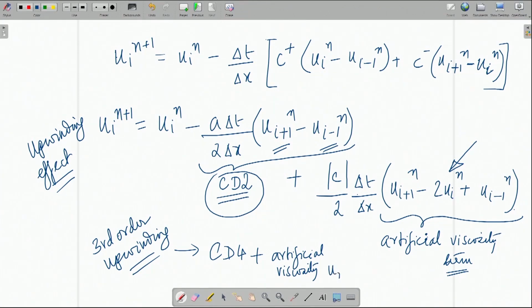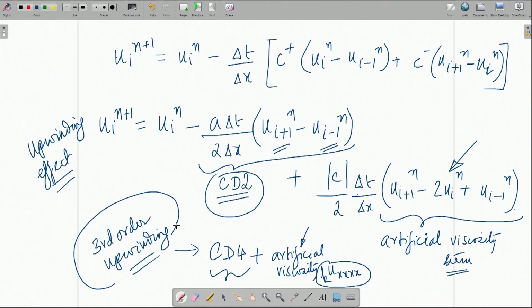So, let us say it will be u x x x x with a certain coefficient which you can control. Let us call that coefficient say k. So, that would be the kind of expression you would use to represent artificial viscosity to be added to a CD4 in order to give you a third order upwinding. So, this is another aspect of how a centrally differenced scheme can be converted into an upwind scheme.